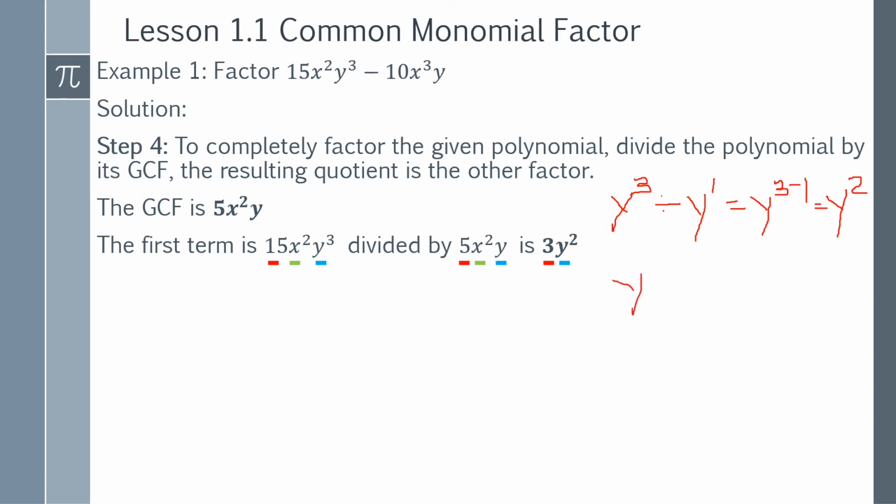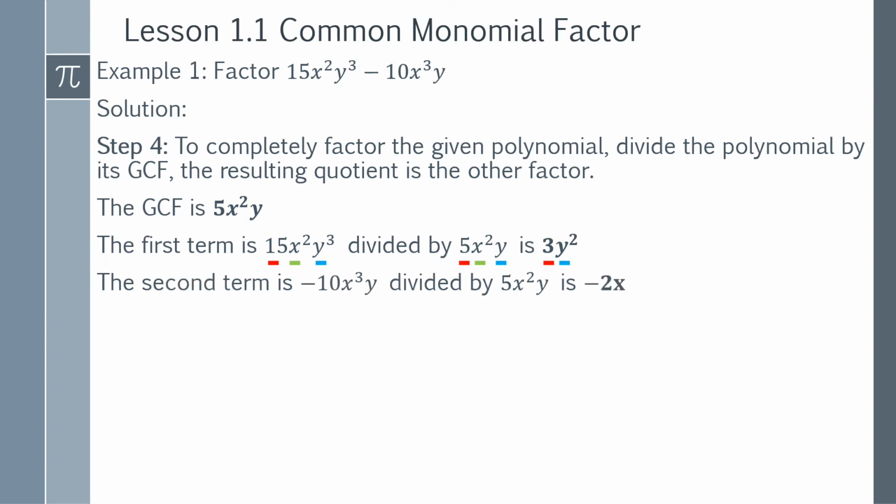So, x tayo sa x kanina. X squared divided by x squared is equal to x raised to 2 minus 2 equals x raised to 0. Si x raised to 0, ang equivalent niya ay 1. So, nasa rule.